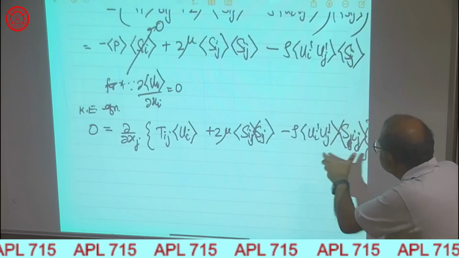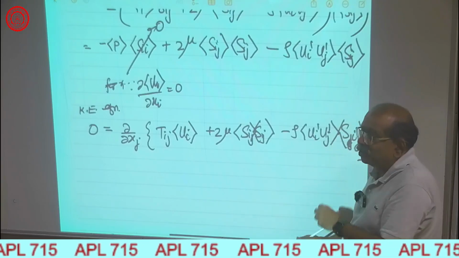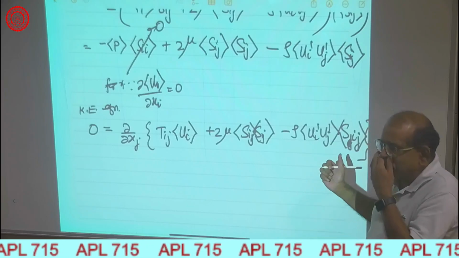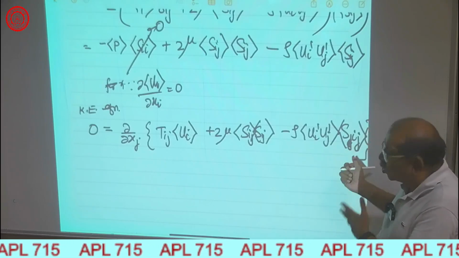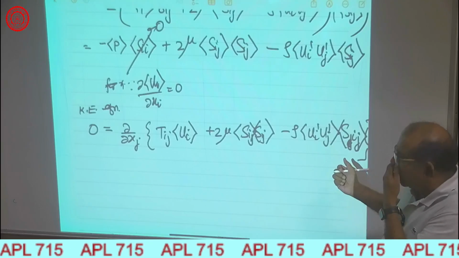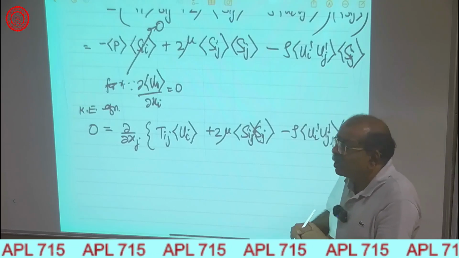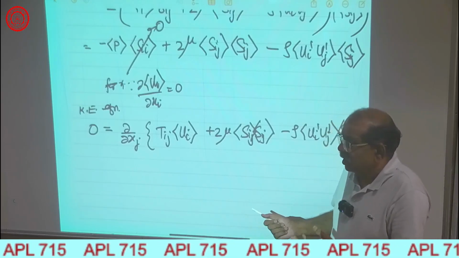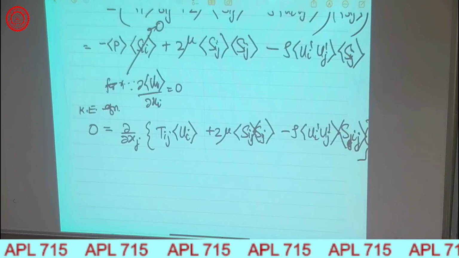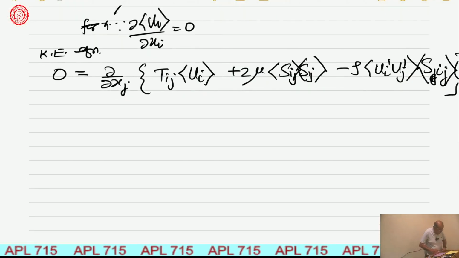And this term is called production of turbulence. This term will be referred to as production. 2 mu Sij is what we will call the dissipation term.